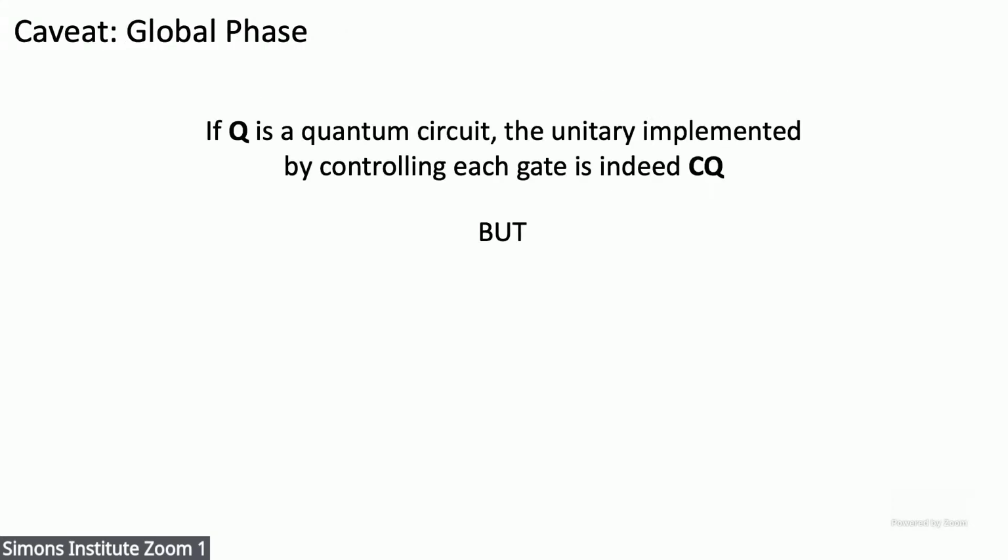Okay, but there is a caveat here that I think usually gets ignored. Strictly speaking, what you get out of this is that if you had your original quantum circuit Q, the unitary implemented by Q through this process of controlling each gate actually is the controlled version of the unitary implemented by Q, okay?